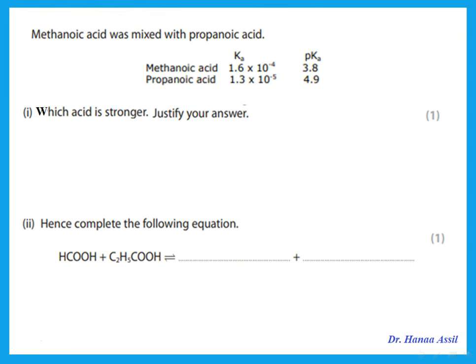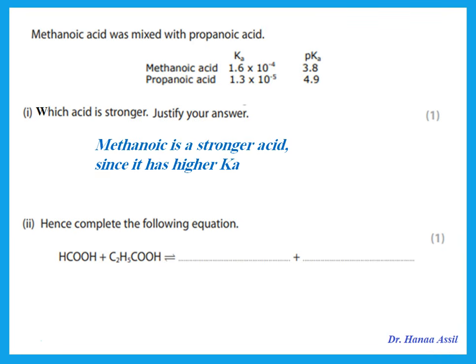Okay, here he says methanoic acid was mixed with propanoic acid. Which acid is stronger? We said if I look at the Ka or the pKa, remember that the one that has higher Ka, or lower pKa, is the stronger acid.